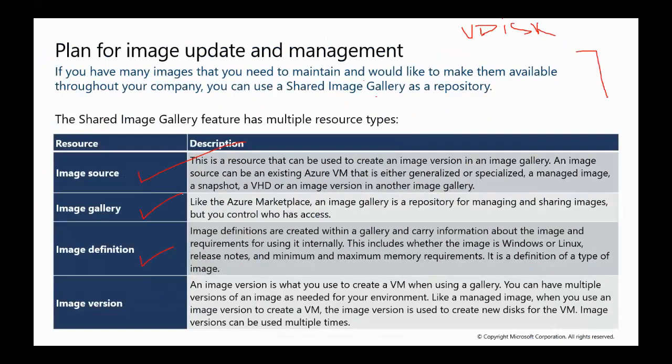Maybe I have a gallery that includes many images, and each one of these images has its own definition. This is one, this is two, I'm just giving you examples, and I need to update only one of these. So I would need to specify the definition of the image in the gallery that I need to update. I need to know where I am getting these updates and where I am downloading and installing them, and see the image version that I am using.